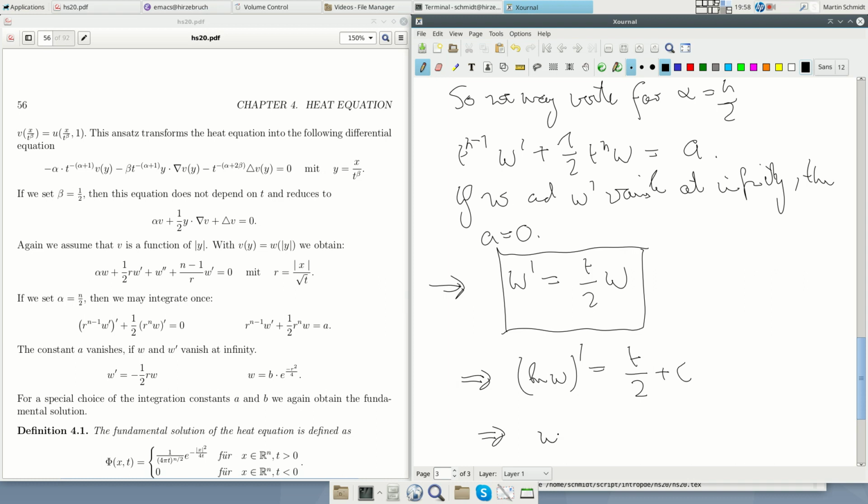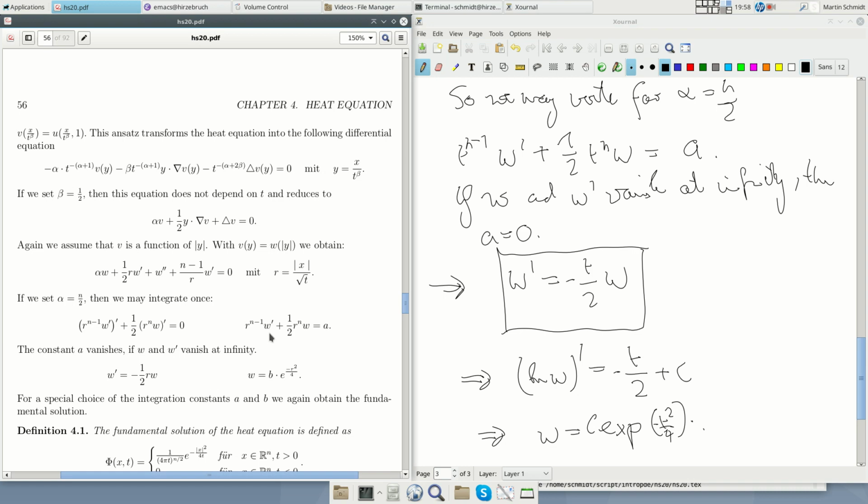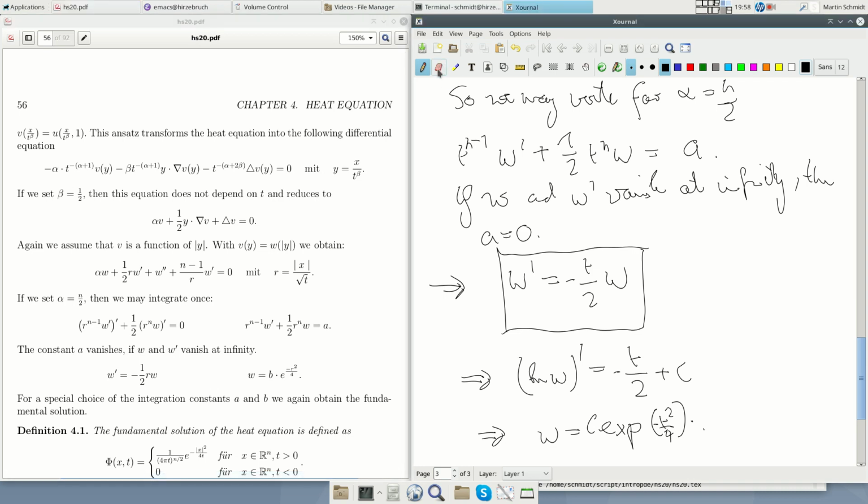And this gives w is exponential of r squared times some constant. Here I missed a minus, and here we get minus a fourth. Okay, and this constant we call B.